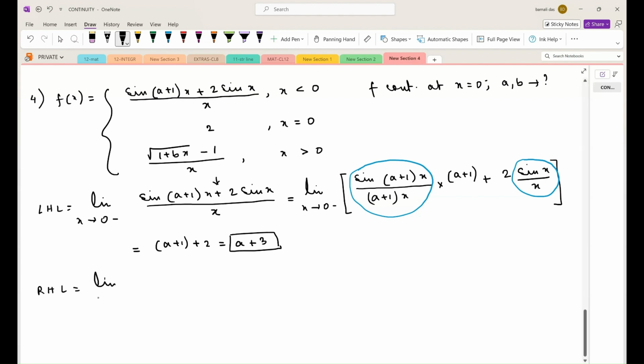x tends to 0 plus, x greater than 0, so the third branch, (√(1+bx) minus 1) by x. So here we apply a method very similar to the rationalization process. Multiply by (√(1+bx) plus 1) by (√(1+bx) plus 1).